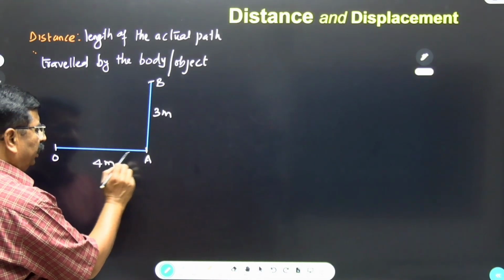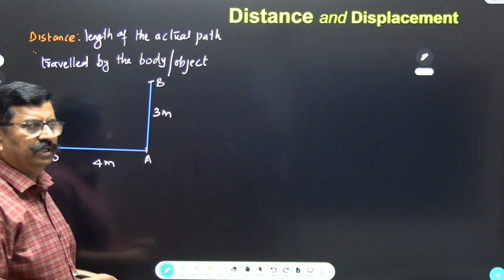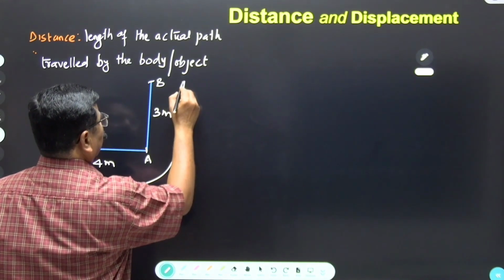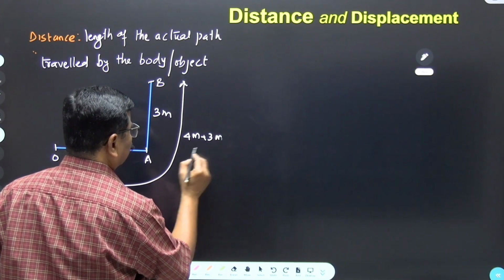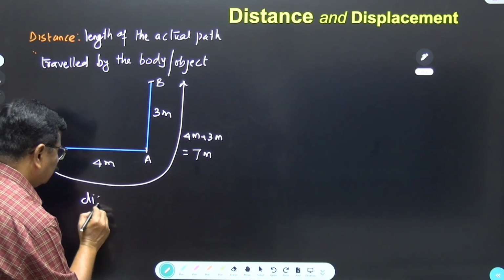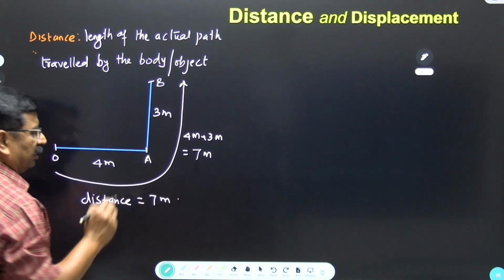From O to A, he covers 4-meter distance, and from A to B, he covers 3-meter distance. So total length of the path is 4-meter plus 3-meter, that is equal to 7-meter. So therefore, distance covered by the body is 7-meter.